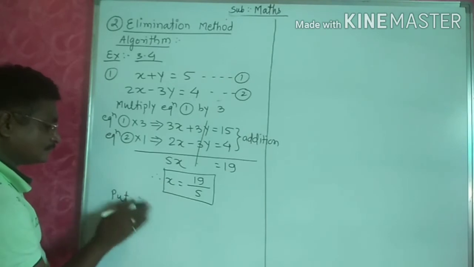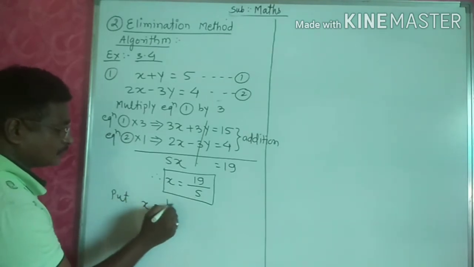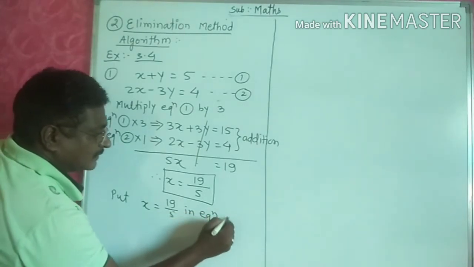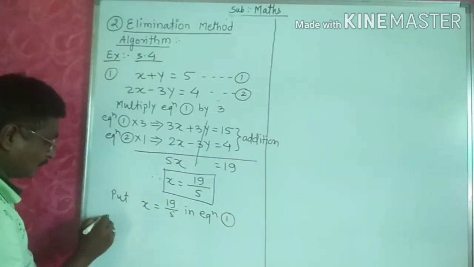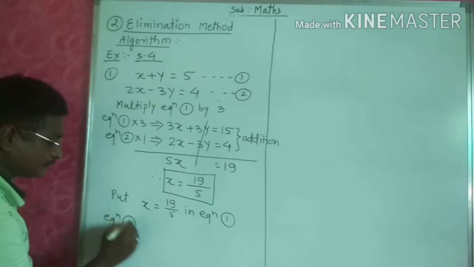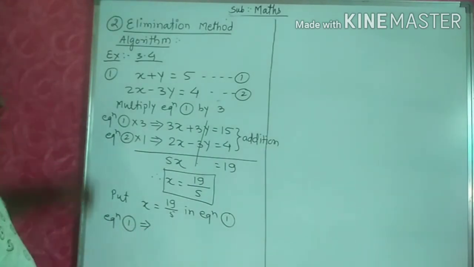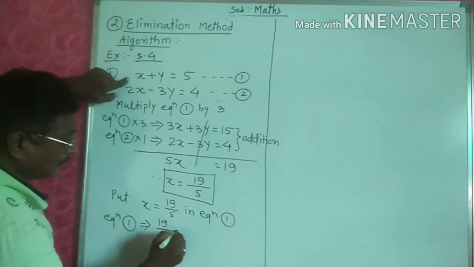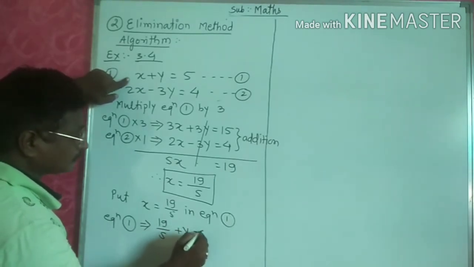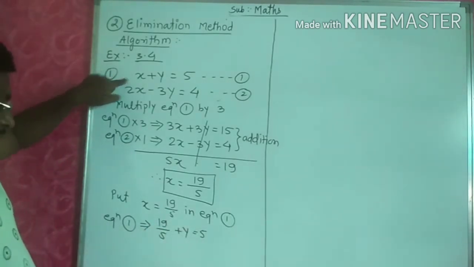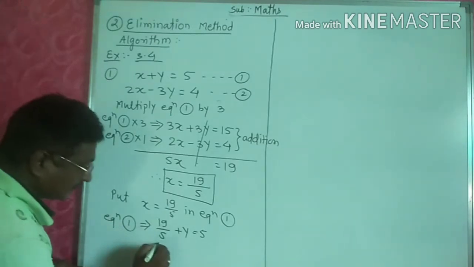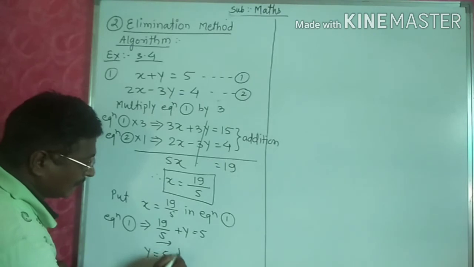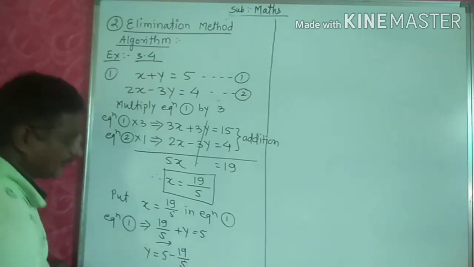Put x equals 19 by 5 in equation 1. So equation 1 becomes 19 by 5 plus y equals 5. Now transfer: y equals 5 minus 19 by 5.